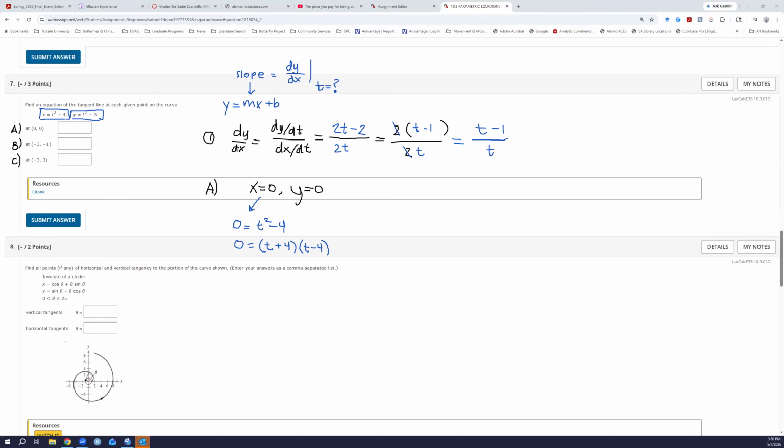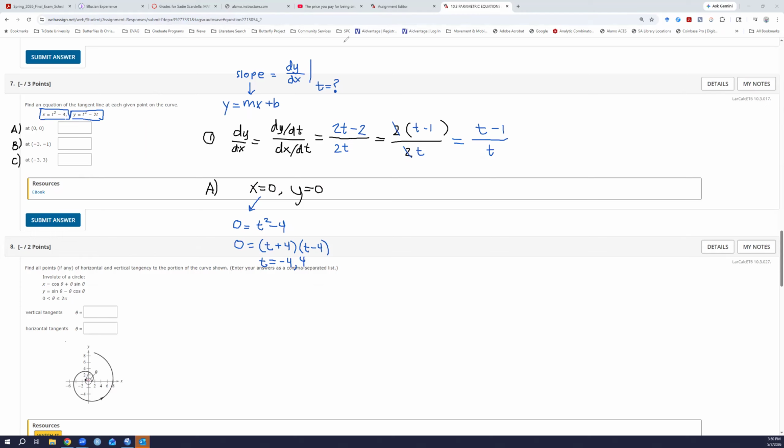Okay. I haven't been given any restrictions on the parameter t. So I know that at least for our x values, to get a 0 here, we can use a t value of -4 or +4.